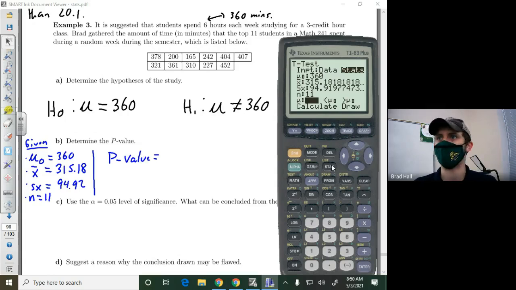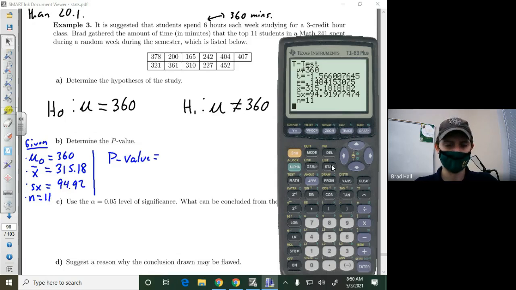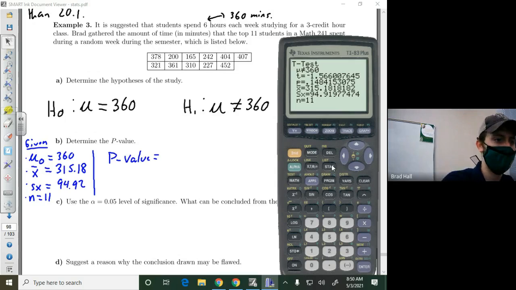And we want to make sure not equal to is selected, which you did for the last problem. It should be the same. And from there, we get a p-value of call it 0.15. Let's do 0.15.